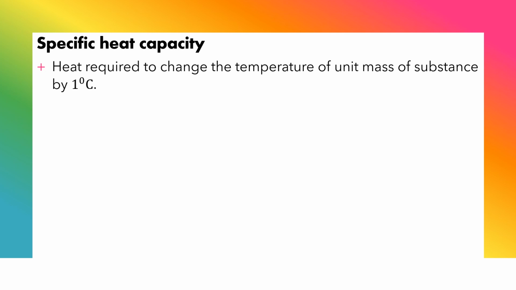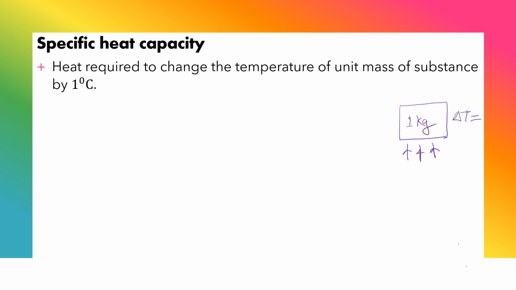Now let's talk about the specific heat capacity. What is specific heat capacity? Imagine I have 1 kg of metal here, right? So 1 kg of any metal. Now if I start supplying heat to this metal, then there will be change in temperature.